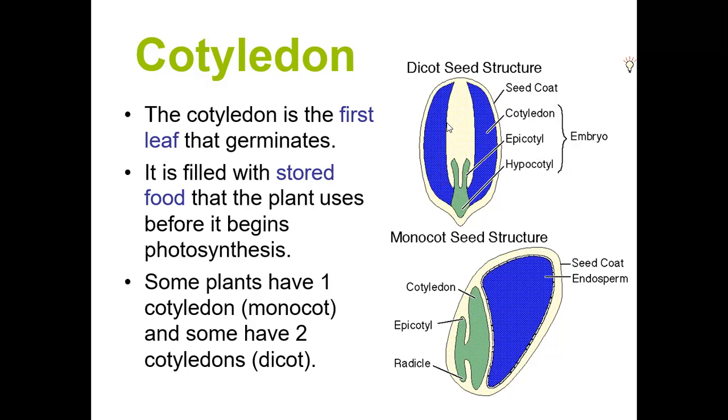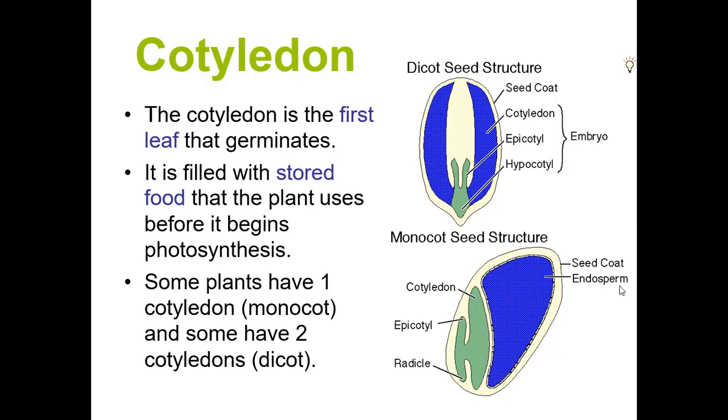Then there is epicotyle. If it is dicotyledone, then the cotyledones are connected by one fleshy part, that is epicotyle. Mainly, cotyledone is important. Epicotyle is the connection between two cotyledones in dicotyledones, and in monocotyledone, it is just below the endosperm.